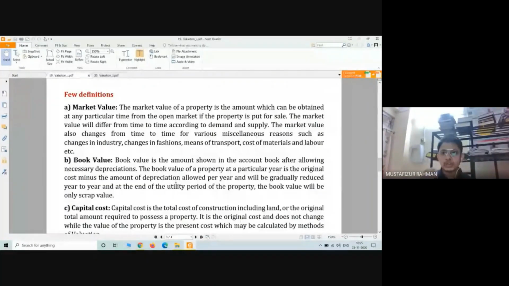So it will depend on the conditions, the location of the place, how much development is occurring near that place, accessibility, and facilities near the property. All those things will affect the market value. So it is influenced by these market conditions.